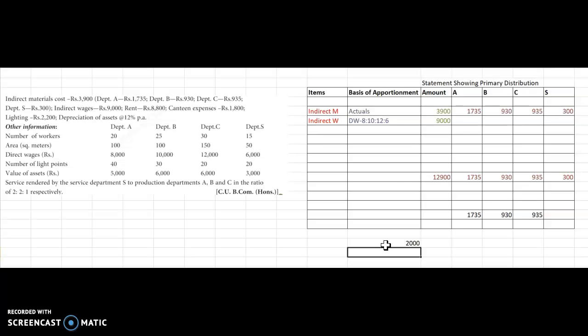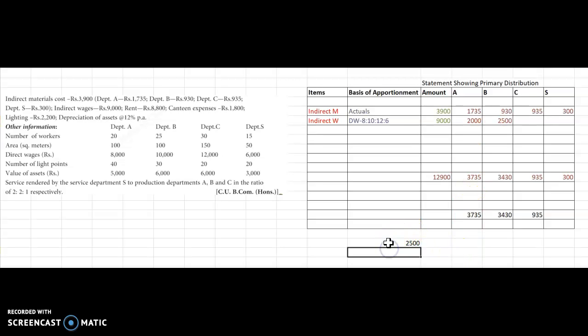8 plus 10 plus 12 plus 6 divided by 36 into 9,000. So that will be 2,000 for A. So we'll put in 2,000 for A. Then it will be 10 by 36, which is equal to 2,500.